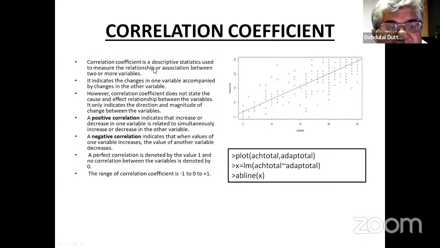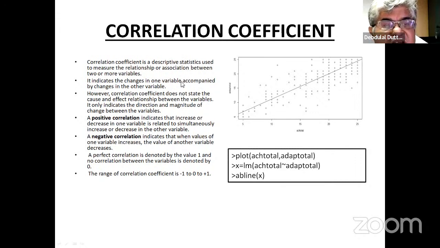There is a correlation coefficient. Correlation coefficient is a descriptive statistic used to measure the relationship or association between two or more variables. But the correlation coefficient will be inferential statistics when you deal with inference for the population, that is, whether it is significant or not. Otherwise, you can use it only as descriptive statistics.